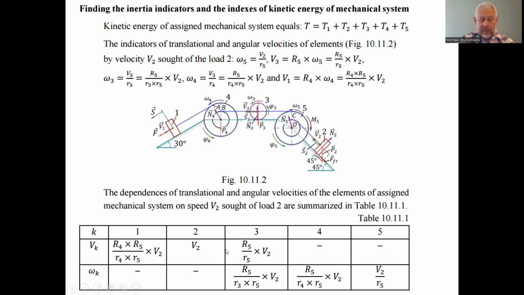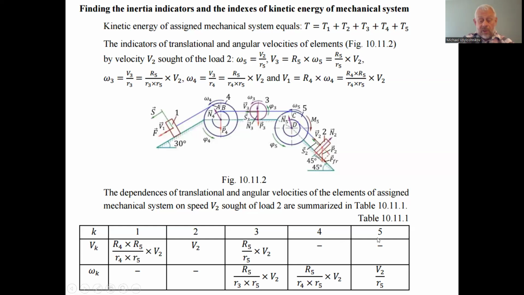We can also summarize all this in table 10.11.1. Here k is the number of the element of the mechanical system: first element, second, third, etc. This column is the translational velocity of the elements.